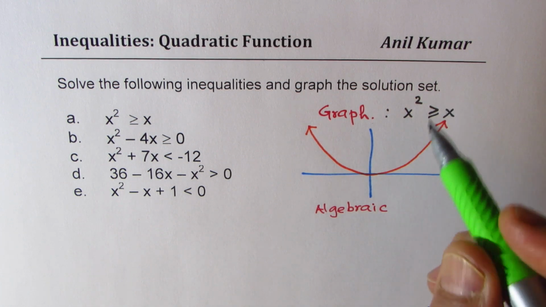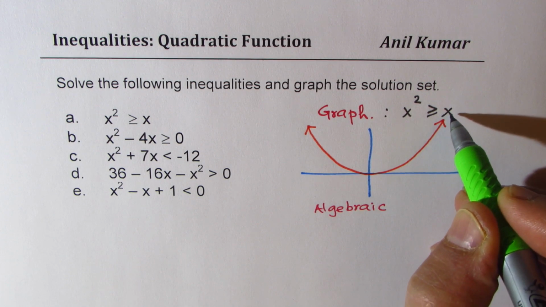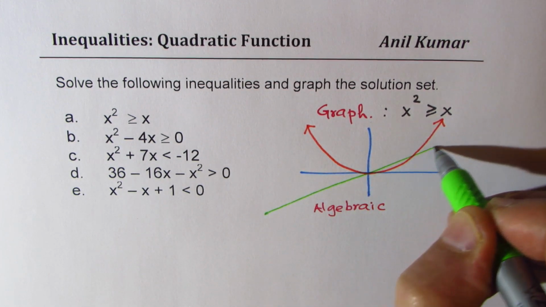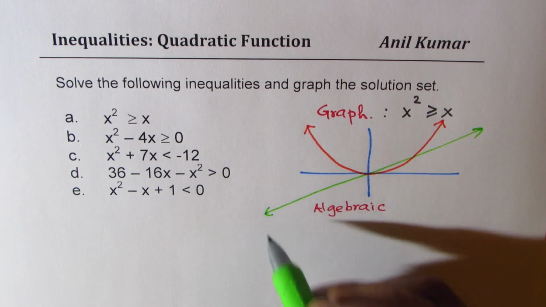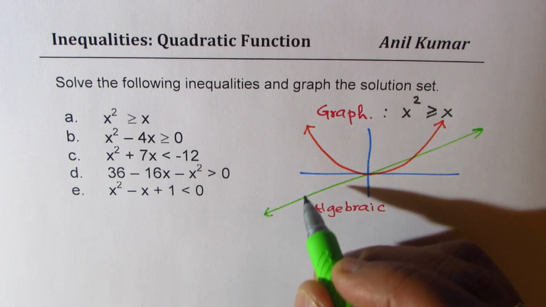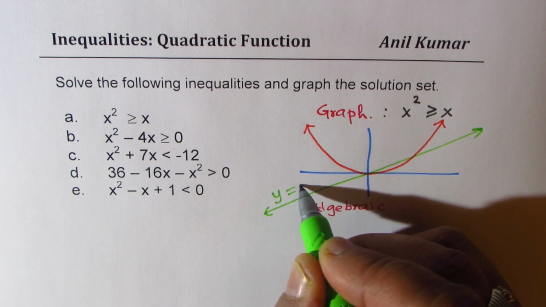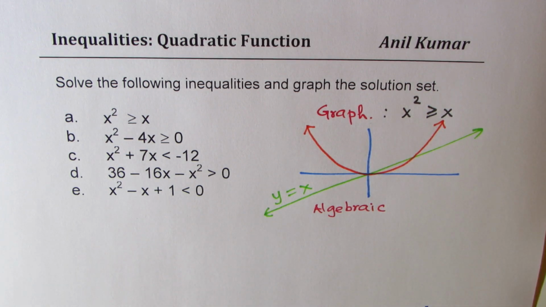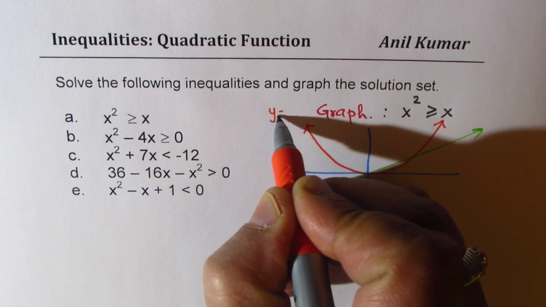And now let's also sketch the line y equals to x. So if I sketch the line y equals to x, what I get is kind of like this. So what we have here are these 2 graphs. One is y equals to x, a straight line which bisects the quadrant 1 and 3, and the other one is y equals to x square.